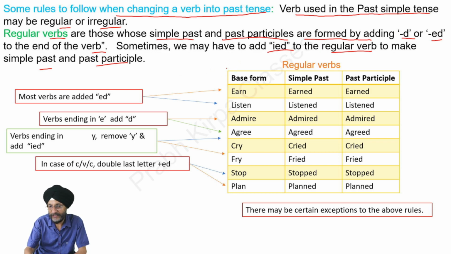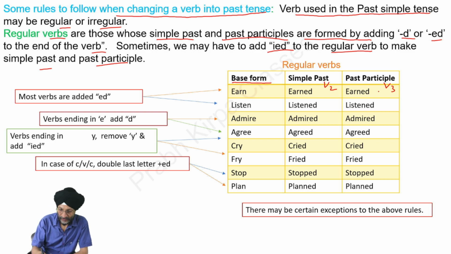You can see from this that this is the base form of the verb: earn, listen, admire, and this is the simple past form, that is the second form of the verb, and past participle is the third form of the basic form of the verb. Then what are these rules?